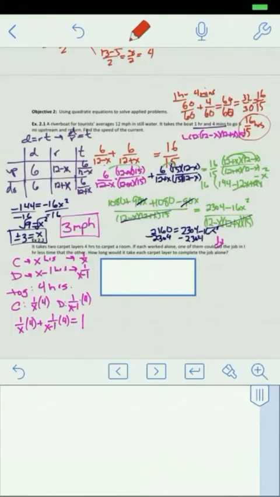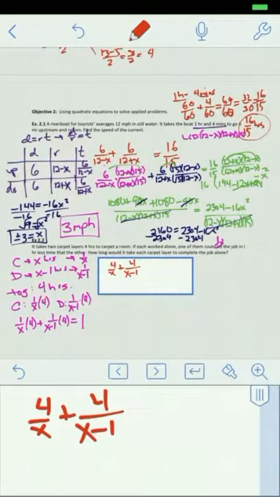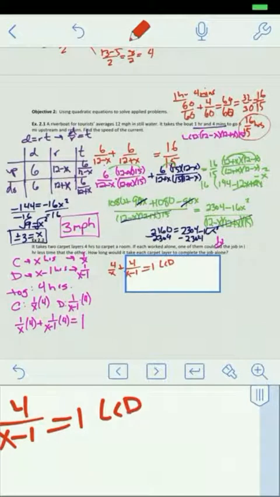Alright, let's solve this. So I have 4 over X plus 4 over X minus 1. All I've done is put the 4 on the top now. Is equal to 1. The LCD of X, X minus 1, is very similar to the first problem we did in this section, right?